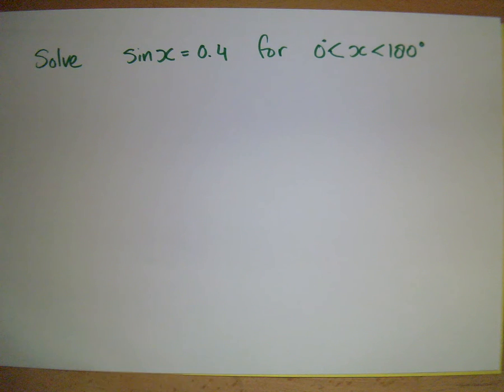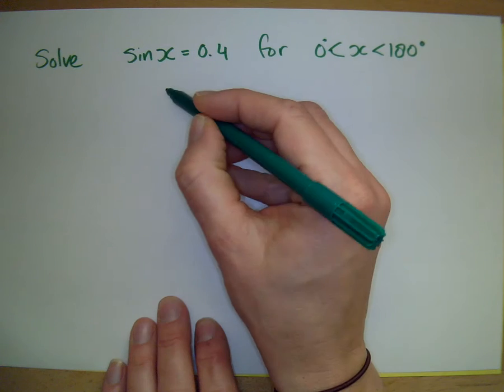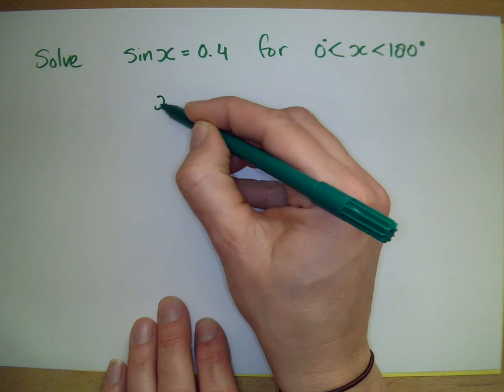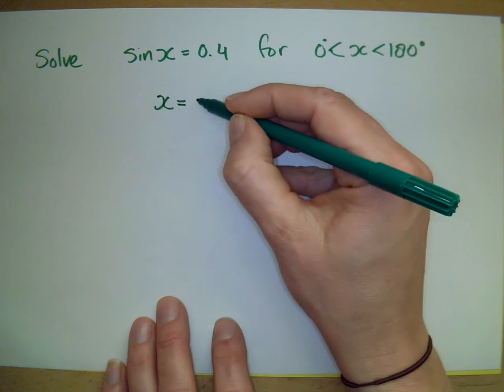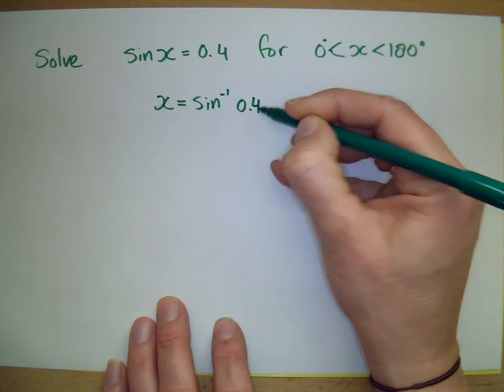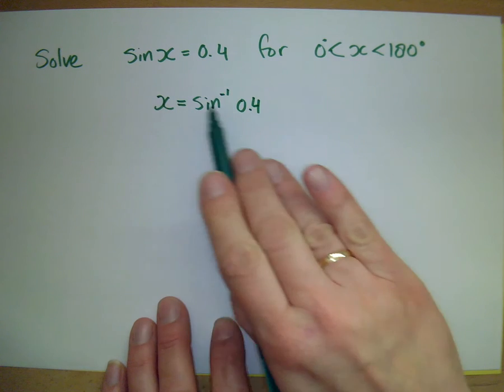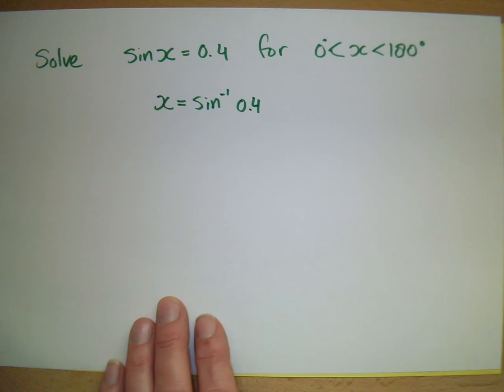How would we do that? We would actually first get x on one side, right? X would actually equal the inverse sine of 0.4. You've seen that before. The inverse sine of 0.4 is x. You can plug that into your calculator.